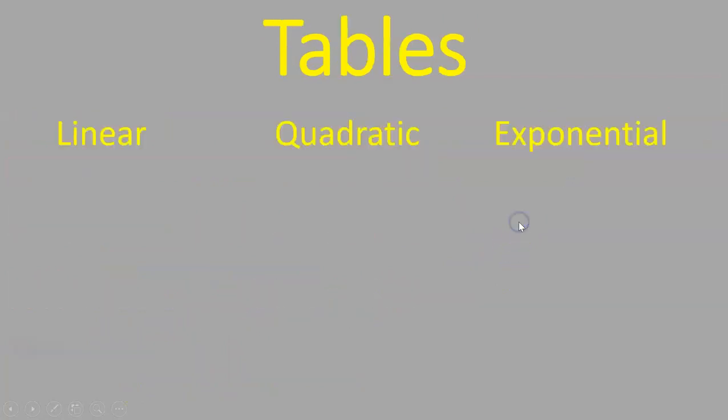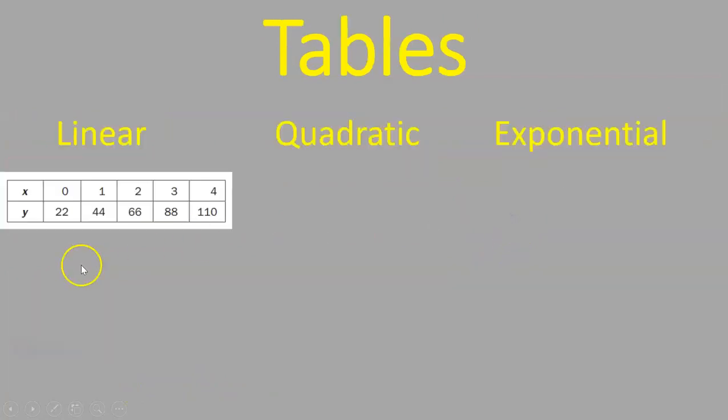If you're looking at table format of them, linear, you're going to be adding over and over. This is a perfect line, is when you add over and over. Okay, now you might have a linear scatter plot, say, where it's for the most part approximately adding. It may not be perfect, but here this is a perfect line.